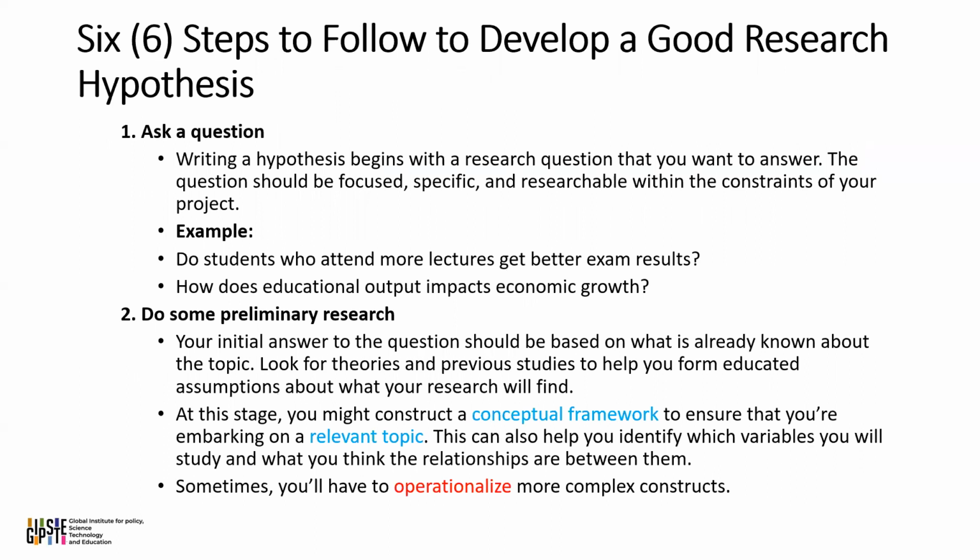The first one, you ask a question. Writing a hypothesis begins with a research question that you want to answer. The question should be focused, specific and researchable within the constraints of your project. And you can watch the video on the research question from the previous lessons that we have on our YouTube channel.